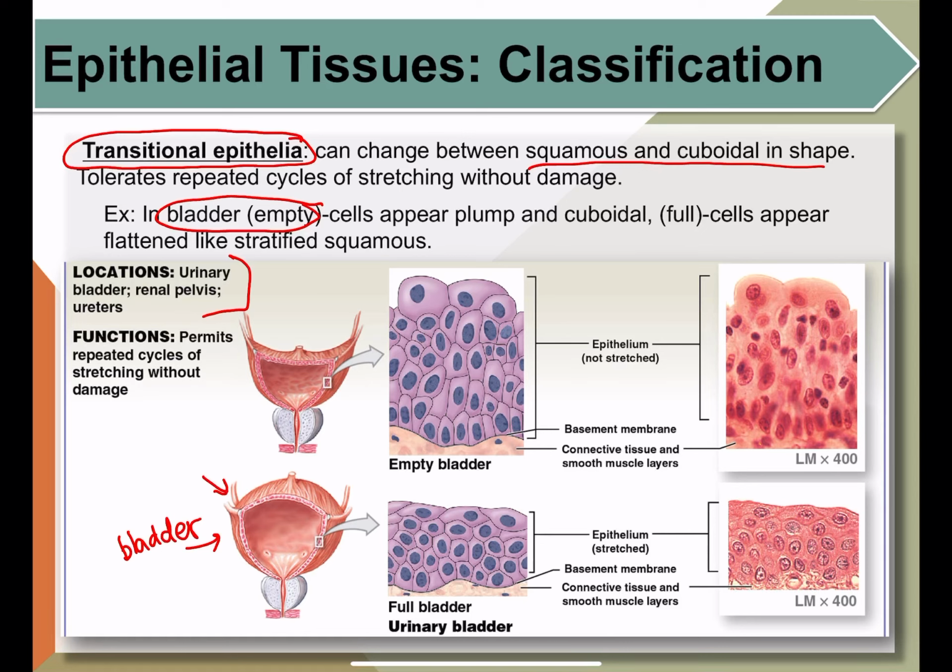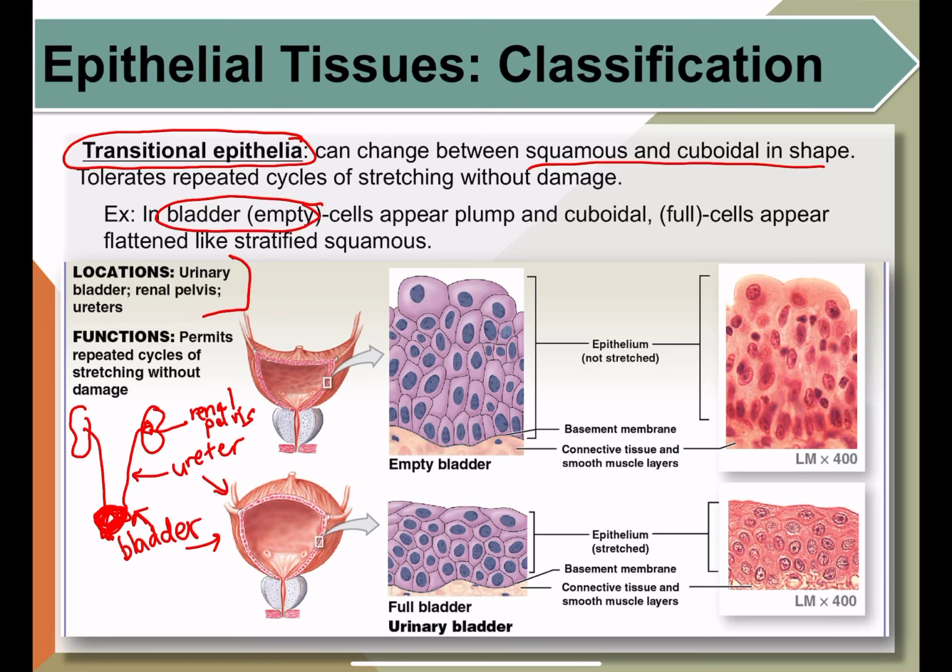You have your kidney, and then there are these tubes that go down to the bladder. So this here is the bladder. This here is the ureter. And something right here, it kind of shapes like a funnel within the kidney to collect urine, is the renal pelvis.